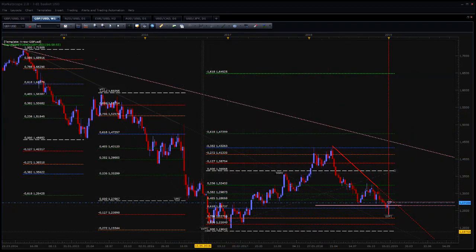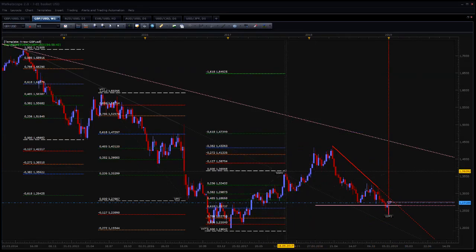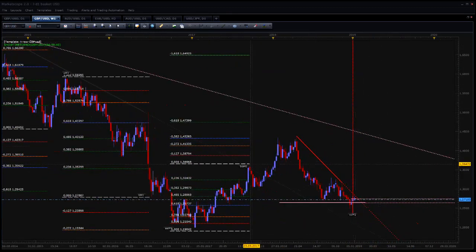And here we have a smaller A to smaller B. Why is it drawn like this? I don't know. But this is much better. So the market pulled back. Oh, this is monthly, that's why.